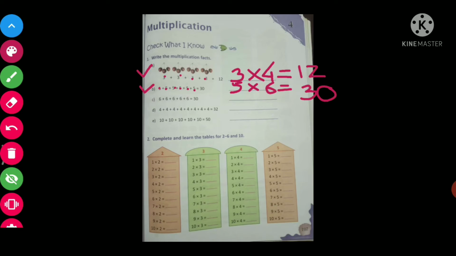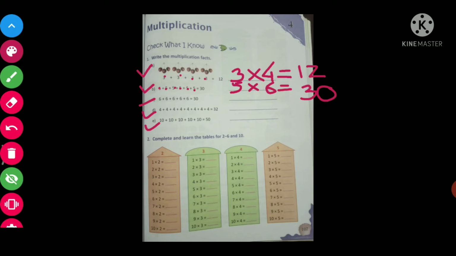In B, 5 occurs 6 times, so we multiplied 5 with 6 and we got 30. C, D and E you will do in your book.